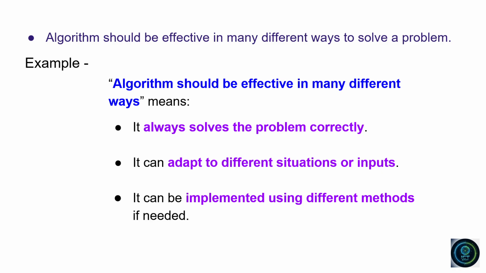Think like that. You are writing a formula for adding two numbers. Your algorithm is really good at adding number 2 and number 4, but it doesn't work for number 11 and number 12. It's not acceptable. Your algorithm should adapt to different situations and different inputs.